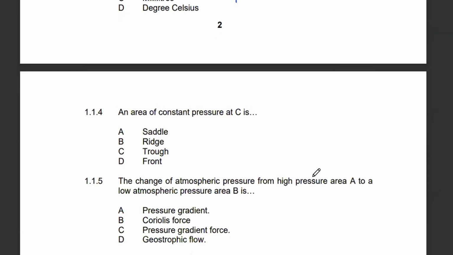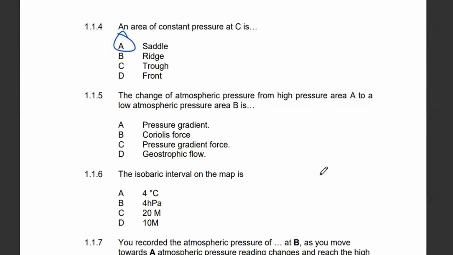That is what we call a saddle. Then number 1.1.5, the change of atmospheric pressure from high pressure area A to low pressure area B. What is that? That is the pressure gradient.